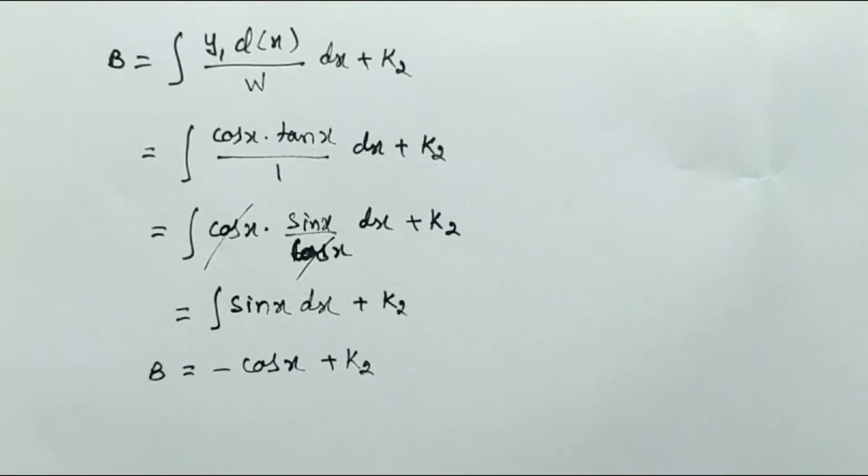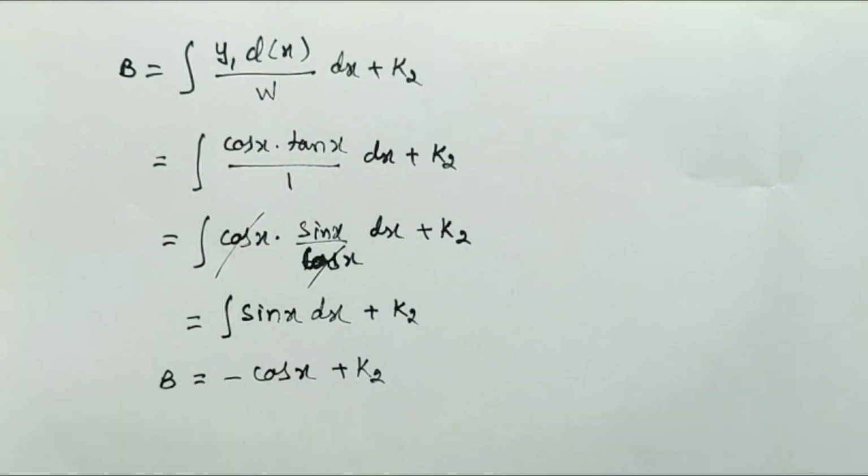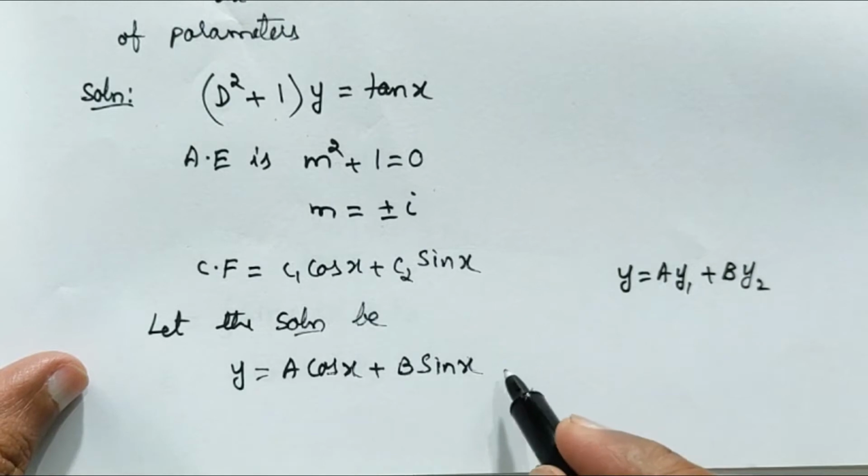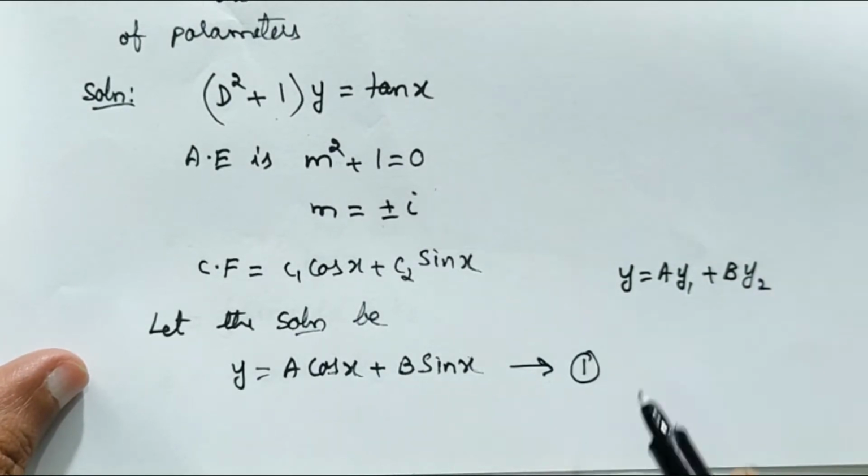Now these values of a and b we will plug back into the value of y. So you have to substitute it back in this given equation, y is equal to a cos x plus b sin x. We'll take this as equation number 1.